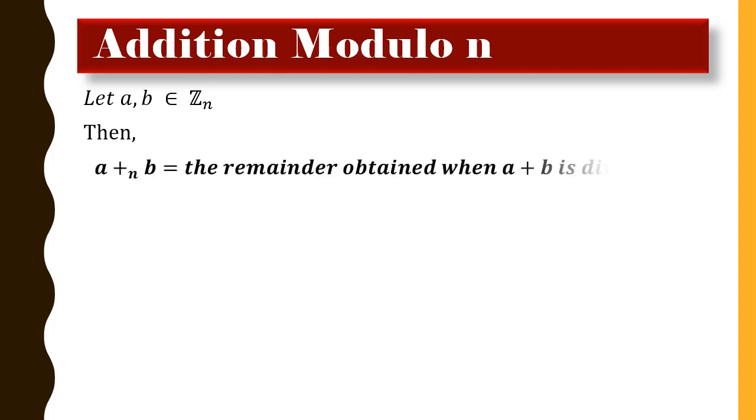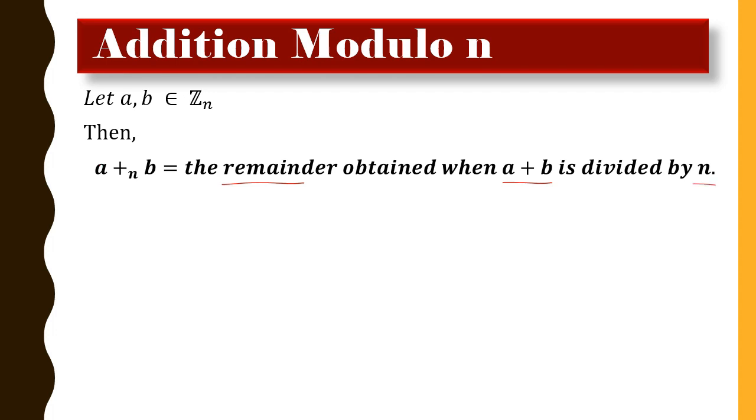What is addition modulo n? Let us consider two elements a, b in this set Zn. Then a addition modulo n b is nothing but the remainder obtained when a plus b is divided by n.